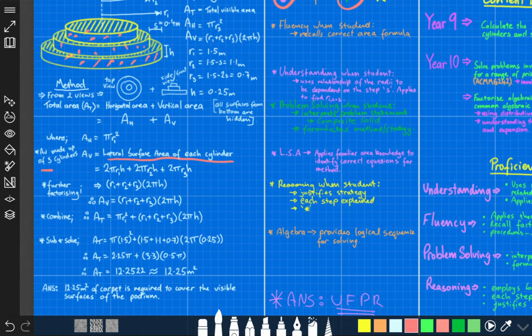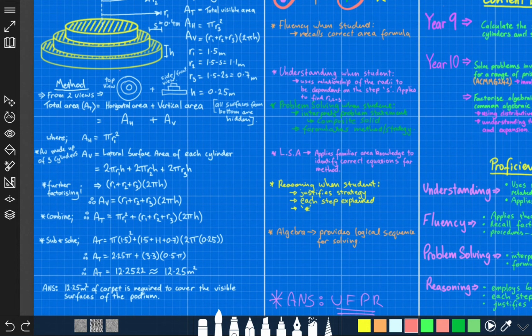And then it's made up of 3 with different radii, and then factorizing in here is a little bit of extra further knowledge that isn't required, but it helps with calculations, and it does make it nice and quick to calculate at the end. But moving on to reasoning.